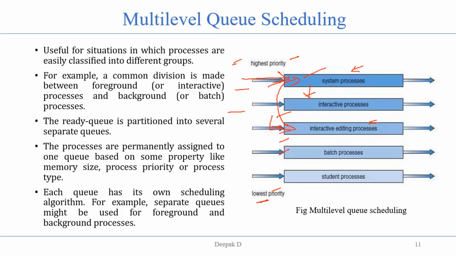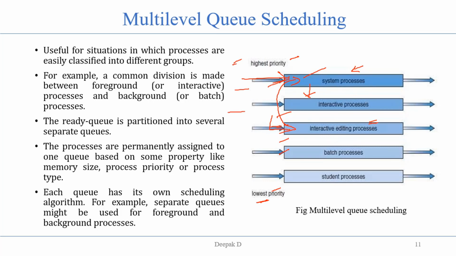Assume that 80% of your CPU time is given to the foreground processes, and the foreground queue uses round robin scheduling among its processes, and the background queue may have 20% of the CPU, and that queue again uses first come first serve.